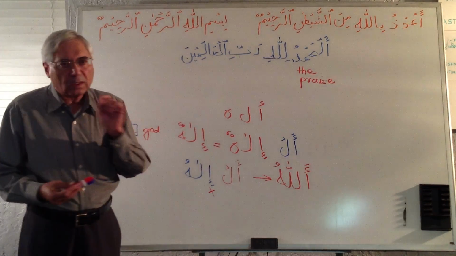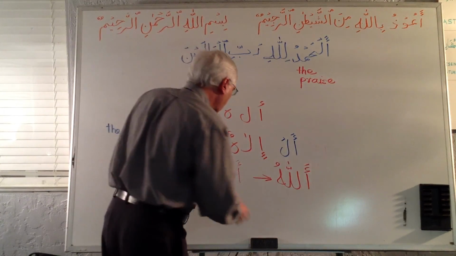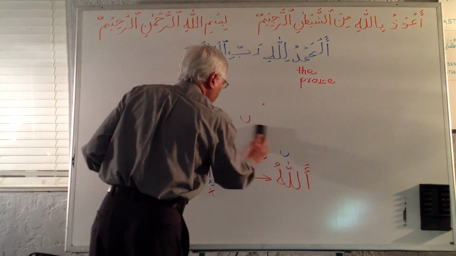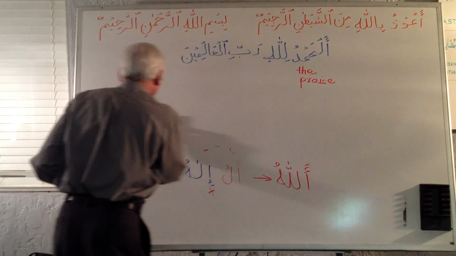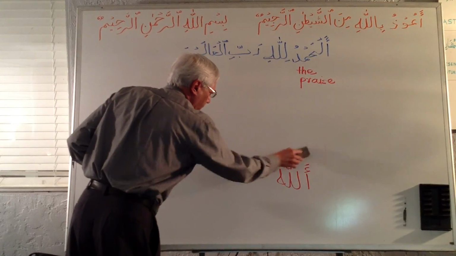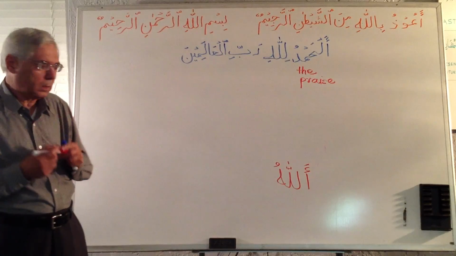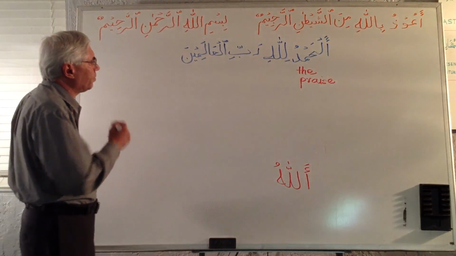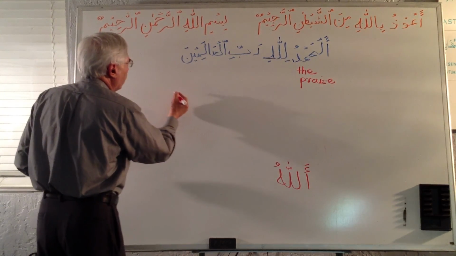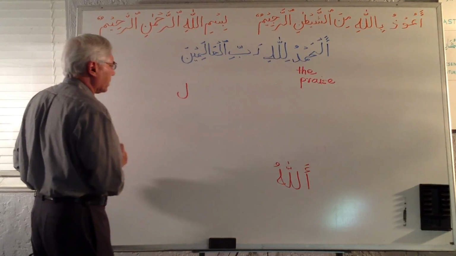So now let's learn one more thing. The word is Allah, so we leave this word. Now in Arabic or in English also we have some letters or some words.